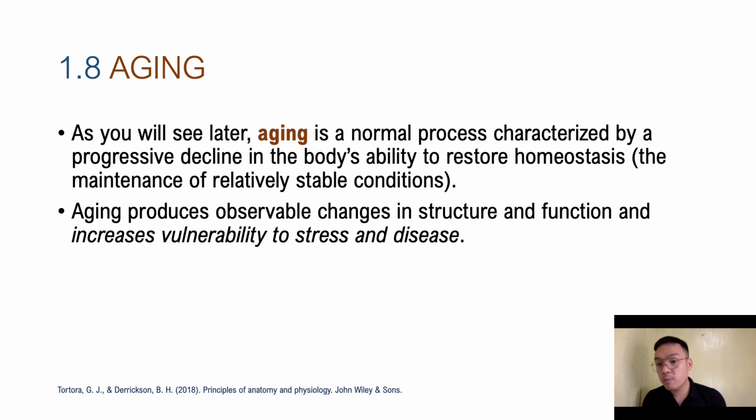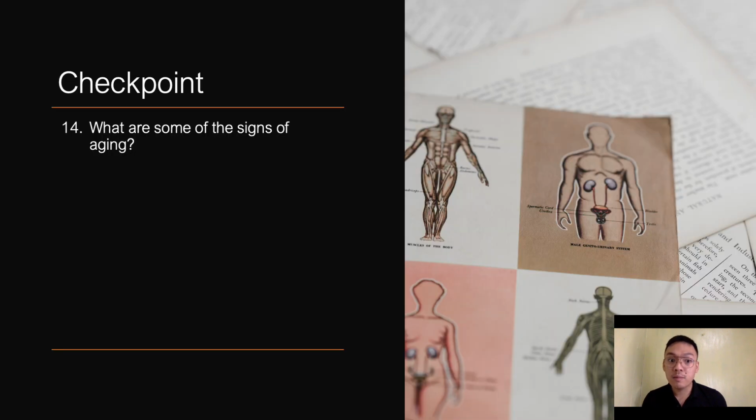Okay, loss of bone mass, decreased muscle mass, strength, diminished reflexes, decreased production of some of the hormones, increased incidence of getting heart disease, increased susceptibility to infections and sometimes cancer, decreased lung capacity, less efficient functioning of your digestive system, and decreased kidney functions. Those are some of the signs of aging.